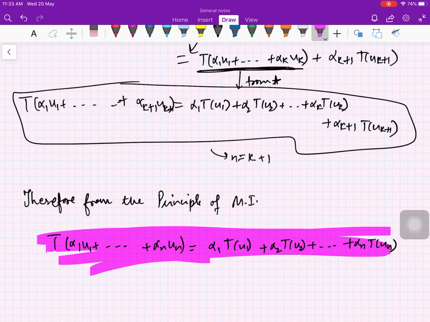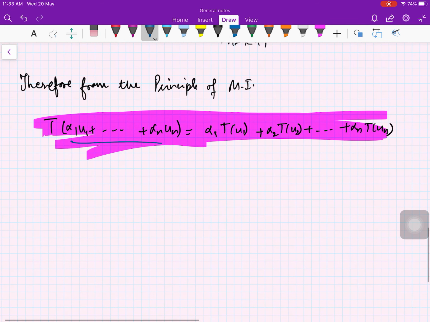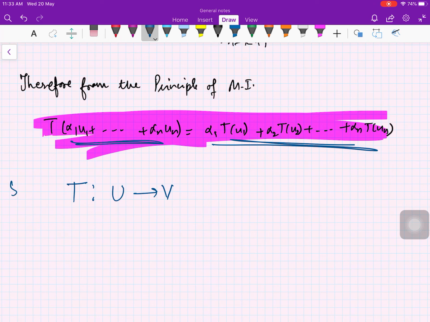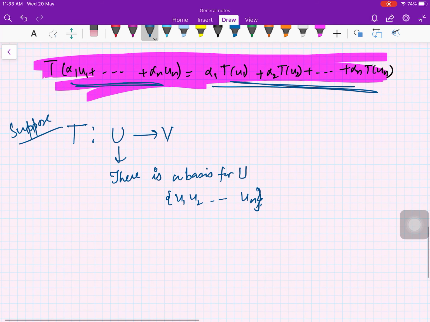Now let us see how this result is useful to us. Can you guess how we can use this result? Suppose you have a linear transformation from u to v, and there is a basis for u, say u1, u2, un, right?